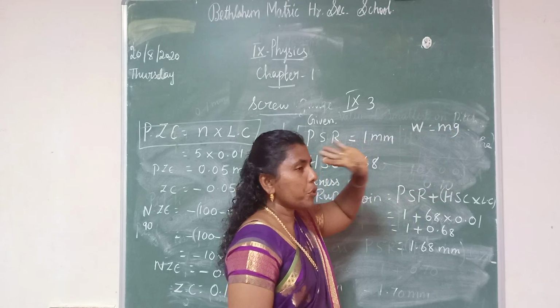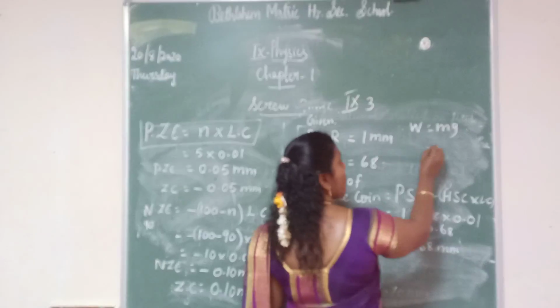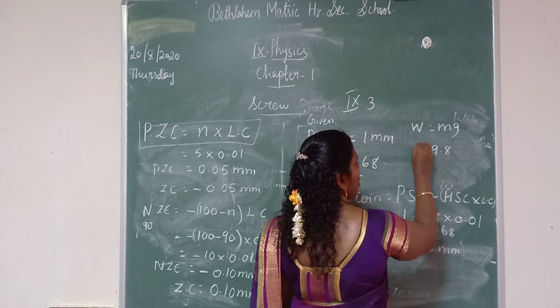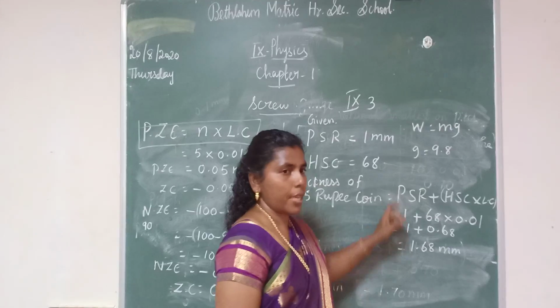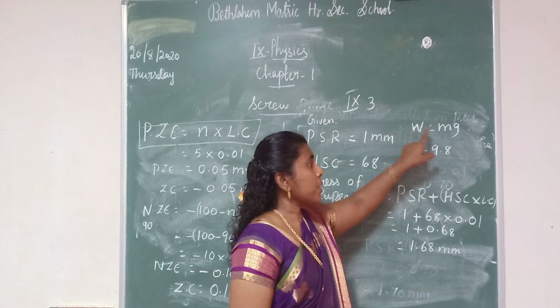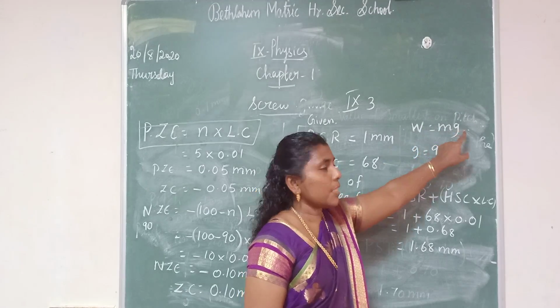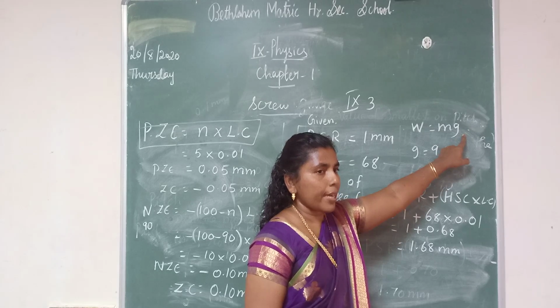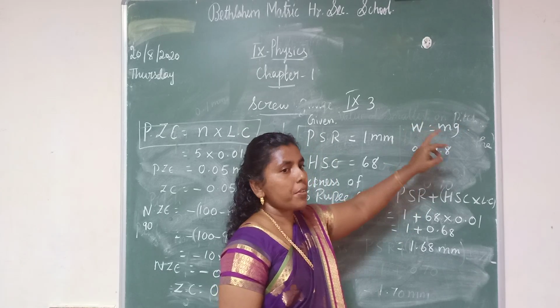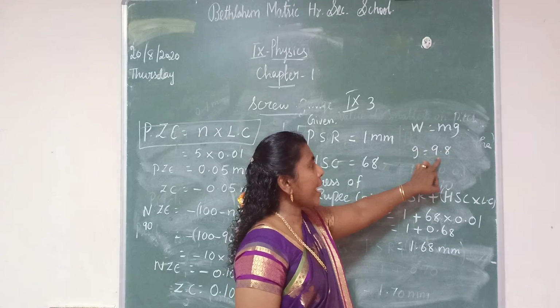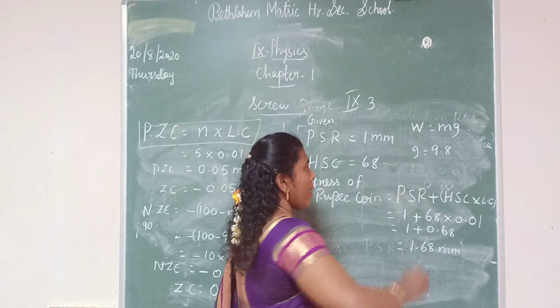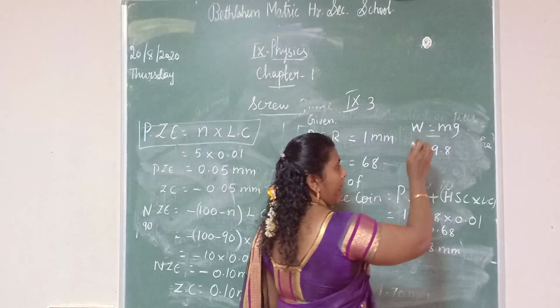The acceleration due to gravity on the earth is 9.8. So by using this formula we find weight.